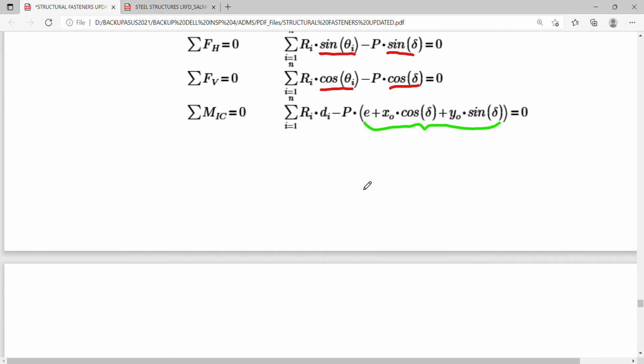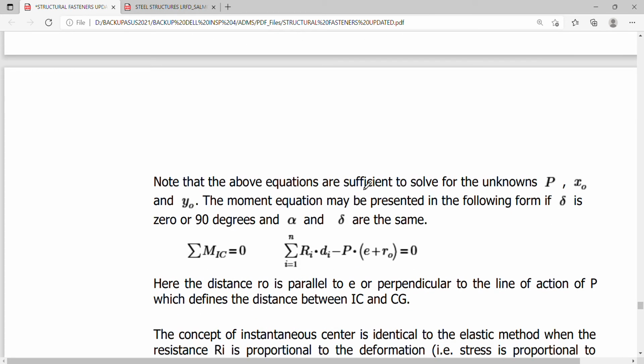And these equations are of sufficient number to be solved, taking note that the unknowns P, XO, and YO can be determined and further simplified if your delta angle is either 0 or 90 degrees.